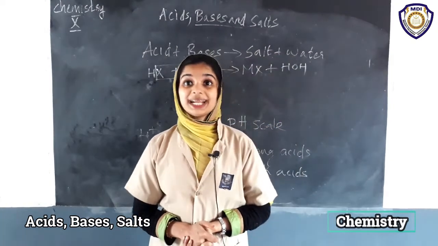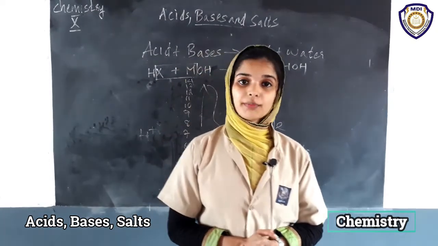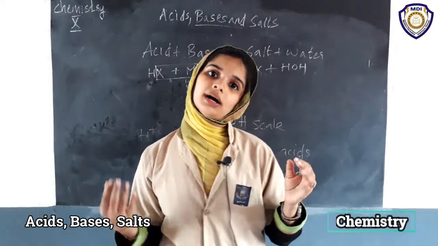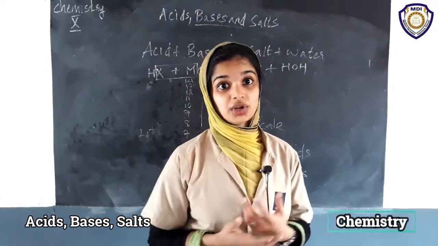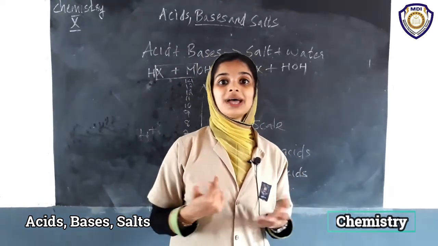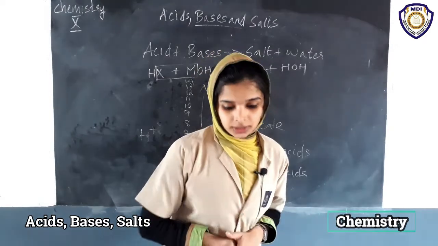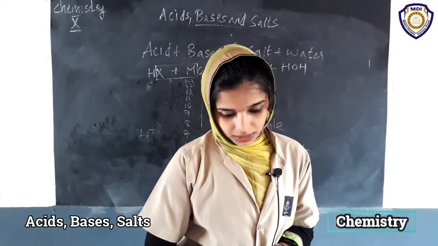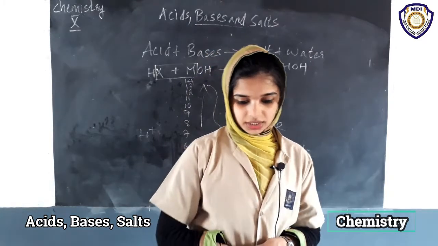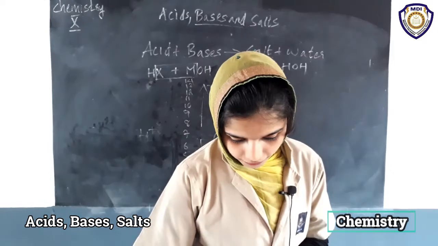That is, the bacteria present in our mouth will produce acids through the digestion of sugars and other food items. So the teeth will be corroded when the pH in the mouth is below 5.5.